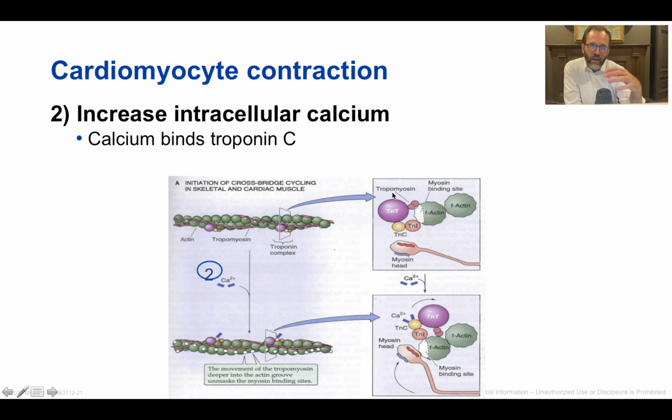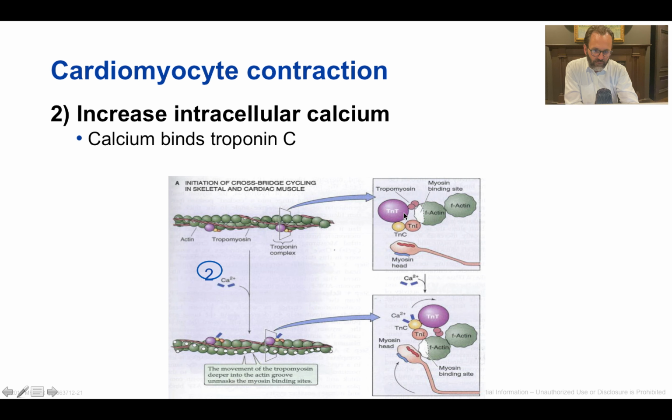When we get that increase in intracellular calcium, secondary to calcium-induced calcium release during early phases of cellular depolarization, calcium binds to troponin C, the calcium binding subunit of this complex. That results in a conformational change, which makes the myosin binding site available for binding on the F-actin molecule.